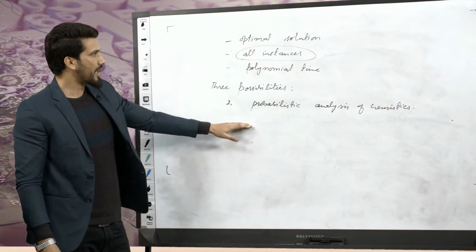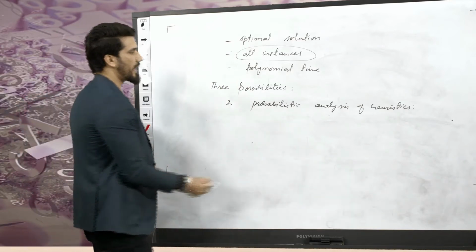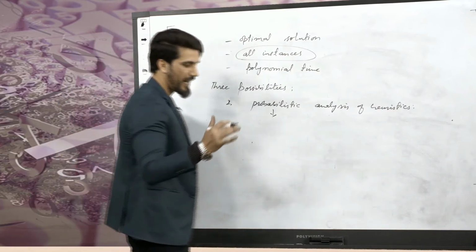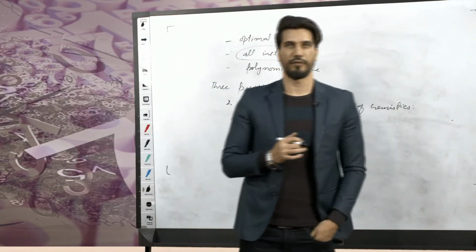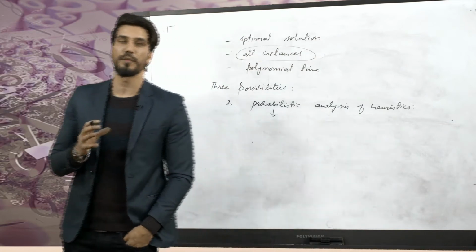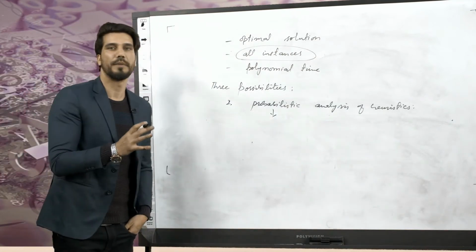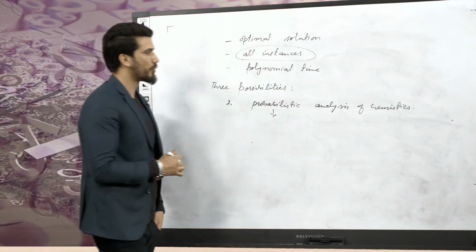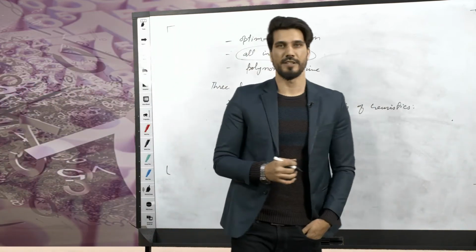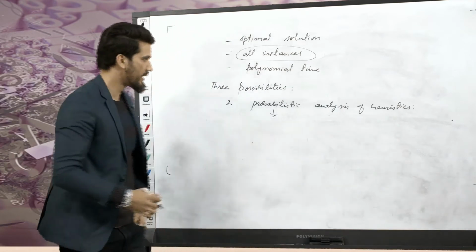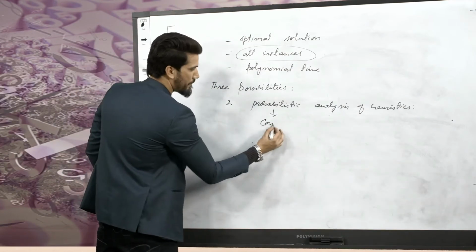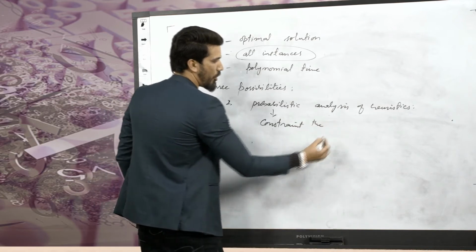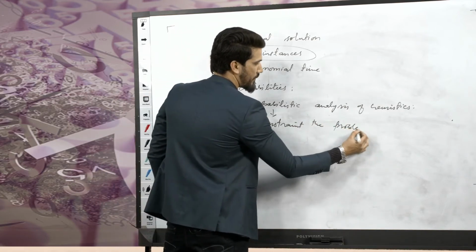In some of the applications, what this scheme says is that if we relax this requirement where we have to find the optimal solution to all the problem instances, then we can find the solution fairly easily. What it says is we constrain the problem instance set.